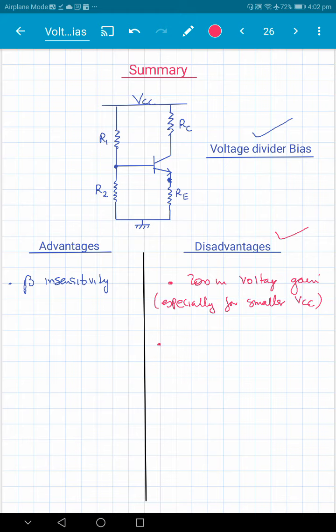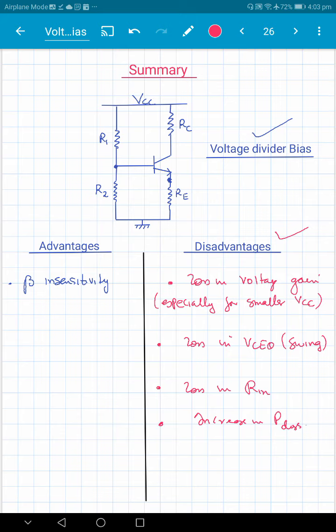So that's the first loss that we get. Then a loss in VCEQ, and therefore we get a loss in swing. That also becomes very prominent when we go to lower VCC. And of course, we get some loss in input resistance and an increase in power dissipation. These are also there.